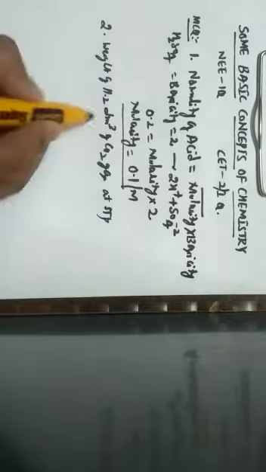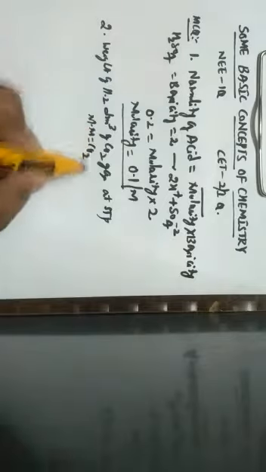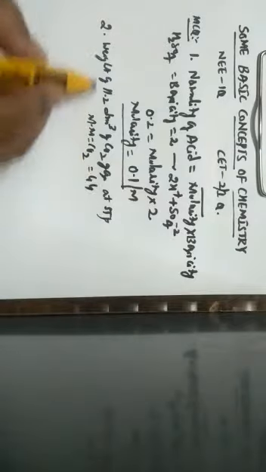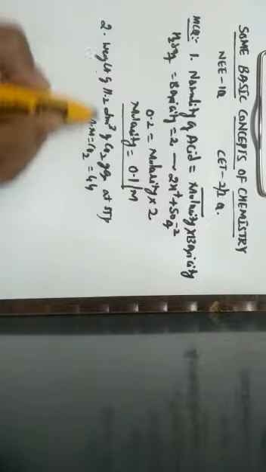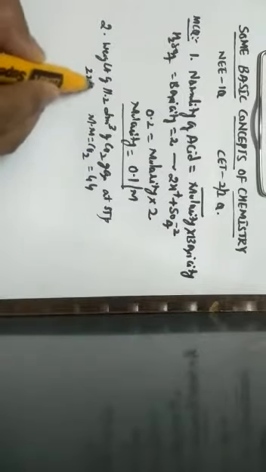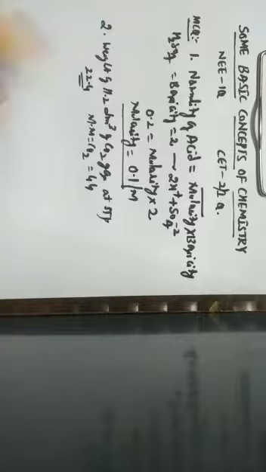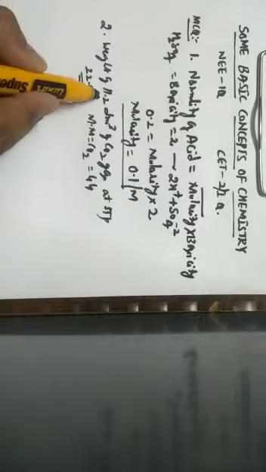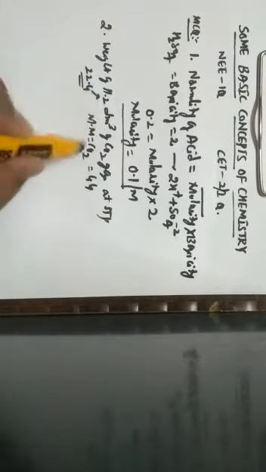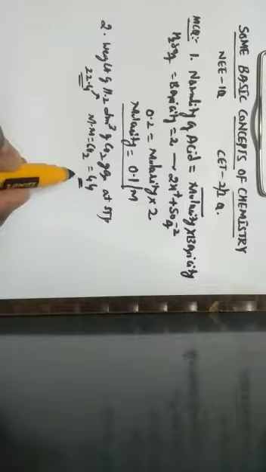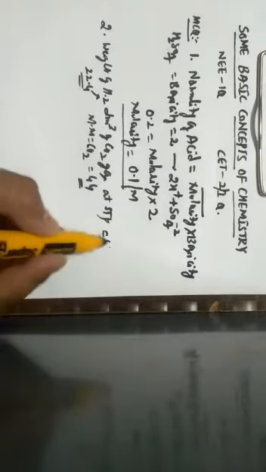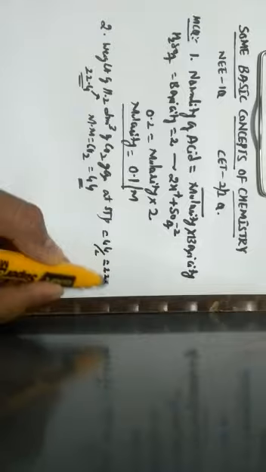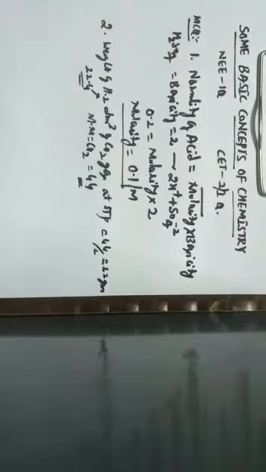We know that the molecular mass of carbon dioxide is 44. The exact molar volume of a gas is 22.4 dm cube, and half of 22.4 dm cube is 11.2 dm cube. Molecular mass of carbon dioxide is 44. Hence, the weight of 11.2 dm cube is 44 by 2, that is equal to 22 grams.